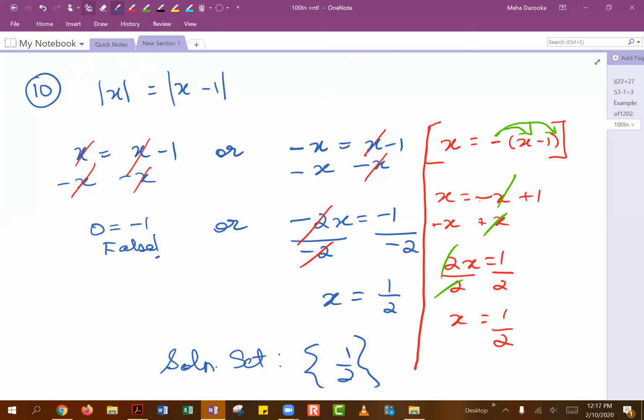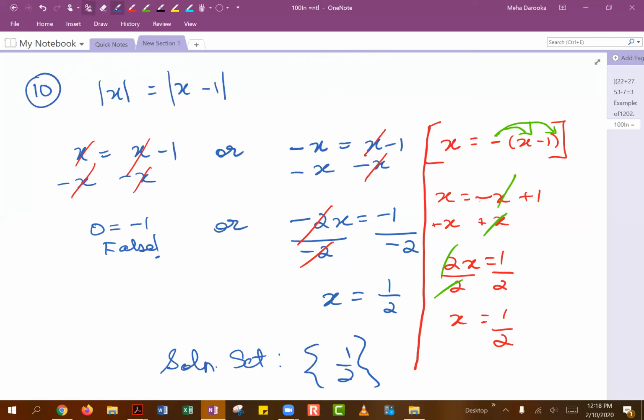Okay, let me try and summarize this. With absolute values, you have to consider the fact that I could be going on the right-hand side of my number line, or I could be going to the left-hand side. So that's why we always set up absolute values in 2 parts. The easiest way to think about it, the first part is going to be the same as the original expression, just without the absolute values.